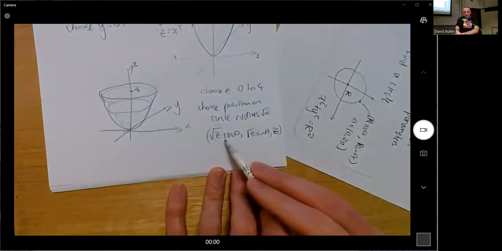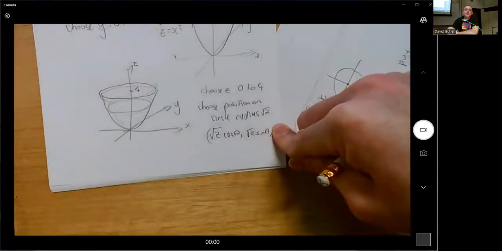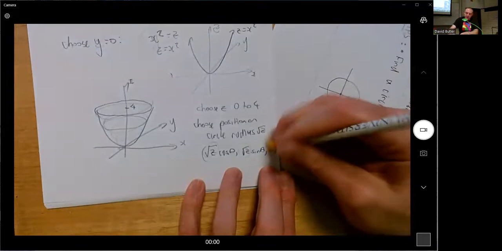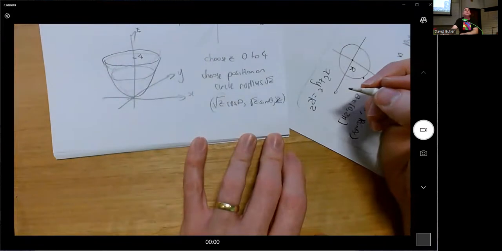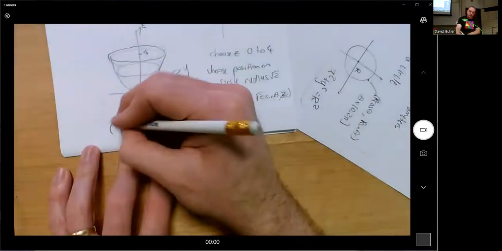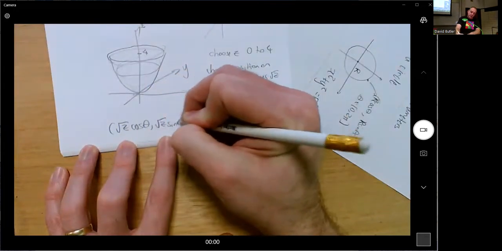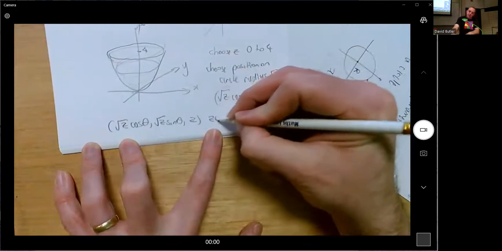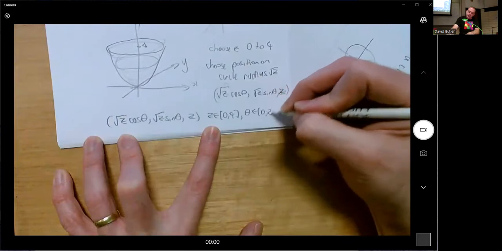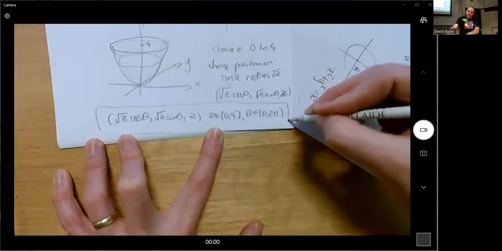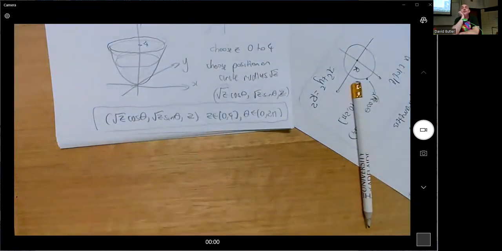So I've got a radius cos theta, radius sine theta. That's how to make a circle in the xy plane. But the height is z. So that's a perfectly good parameterization. So my parameterization is root z cos theta, root z sine theta, z for z between 0 and 4 and theta between 0 and 2 pi. There are other ways to choose this, but that'll do the trick.